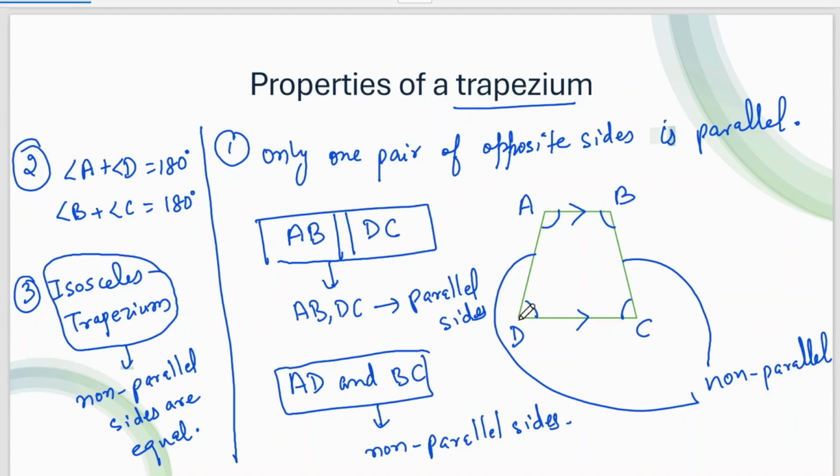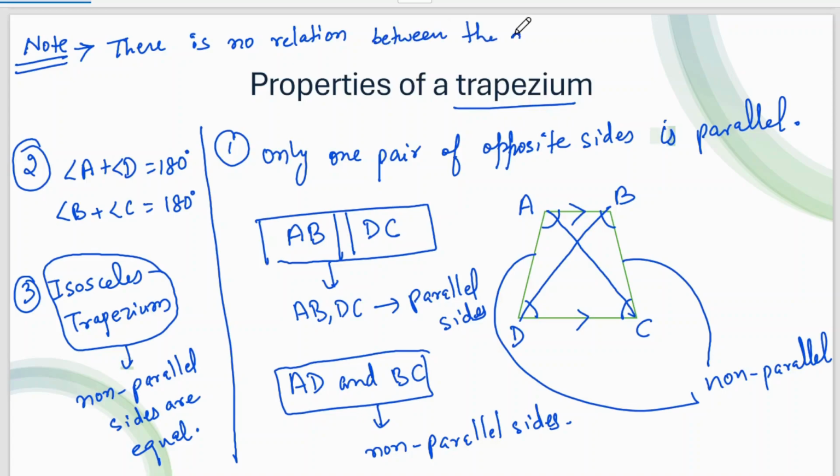We have two diagonals: one diagonal is BD and the other diagonal is AC. But there is no relation between the diagonals of a trapezium. So I'm writing here a note: there is no relation between the diagonals of a trapezium.